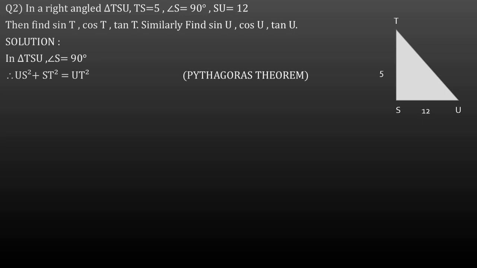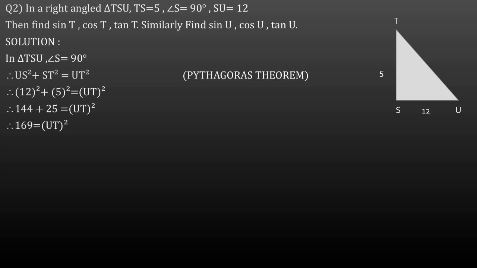So in order to find the value of the third side, we are going to use Pythagoras theorem here because the triangle is a right angle triangle. So according to Pythagoras theorem, US square plus ST square is equal to UT square. Now let us substitute the values of US and ST. We get 12 square plus 5 square is equal to UT square. 12 square is 144 plus 5 square is 25, which is equal to UT square.